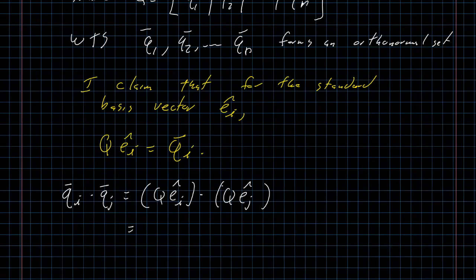In this case, I have the unit vectors holding that position. So Qei dot Qej is ei dot ej. And that has exactly the properties we want. ei dot ej is equal to 1 if i is equal to j, and this is equal to 0 if i is not j.